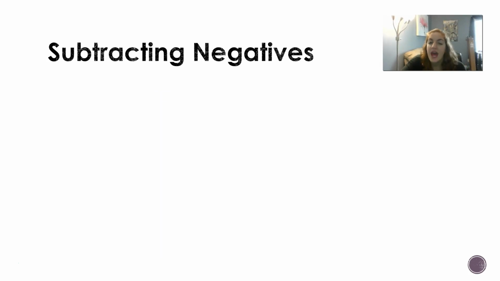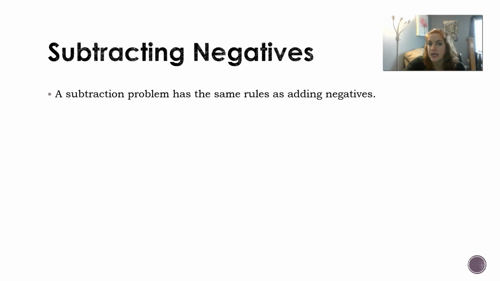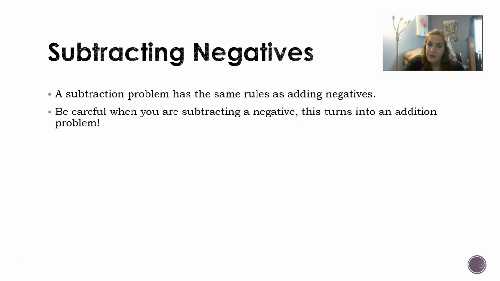Okay. So we're still talking about addition and subtraction, but with subtraction, you're going to have those same ideas. We have to be careful when we're subtracting negatives because it can switch the sign. So when you are subtracting a negative, meaning there are two negatives right next door to each other, it actually turns into a positive.